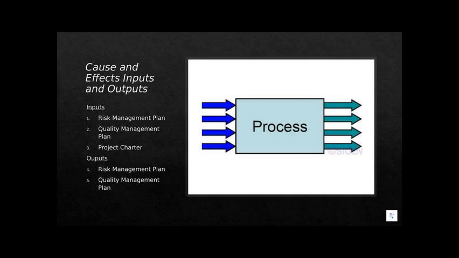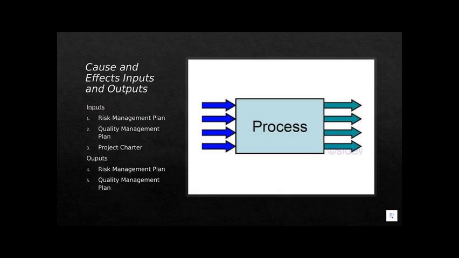As part of your fishbone diagram or your cause and effect diagram, it is important to understand and utilize different inputs and know that different outputs would also be expected while utilizing this technique in one of your projects for quality.